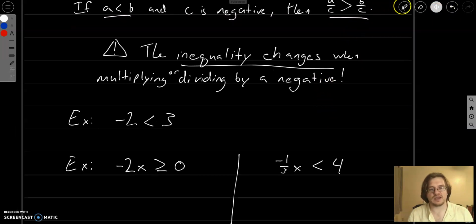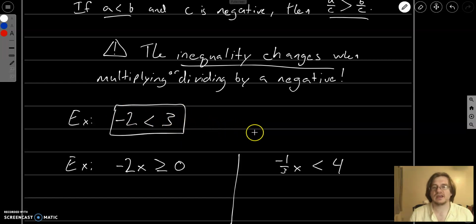So as a very quick example, if you take negative 2 is less than 3, we know that this is a true statement. If I multiply both sides by negative 1, so if I take negative 1 times negative 2 and then negative 1 times 3, I'm going to leave this blank for a moment.